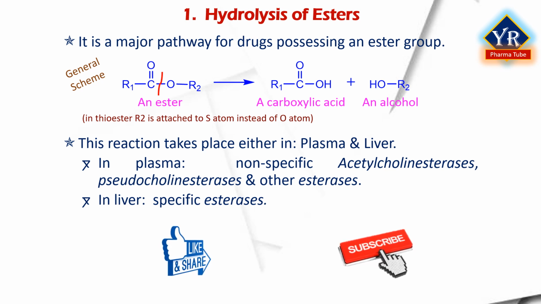In these reactions, esterase enzymes in the plasma and liver inactivate or detoxify a relatively nonpolar molecule by splitting it into two polar or water-soluble components such as an alcohol and an acid.